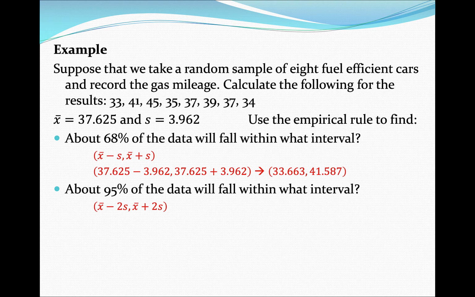To get this interval, we do basically the same thing. Instead of subtracting 1 standard deviation, we subtract 2 standard deviations and we add 2 standard deviations. So you take 2 times your standard deviation and subtract that, and then add that. In this case, we can be sure that about 95% of our data is between 29.701 and 45.549.